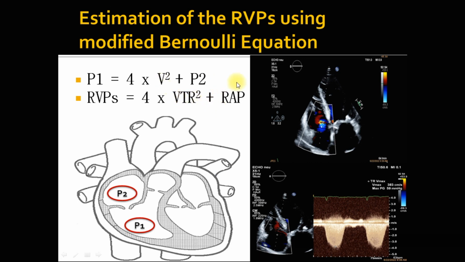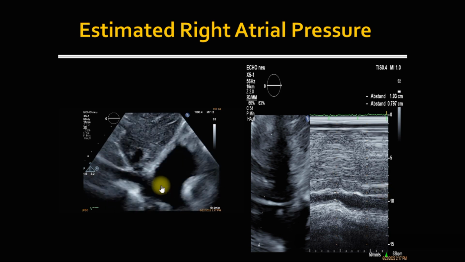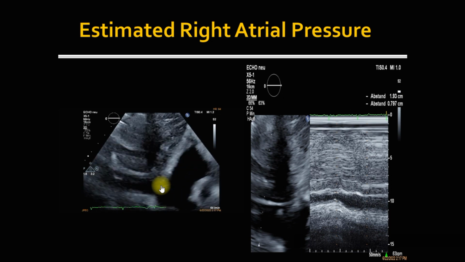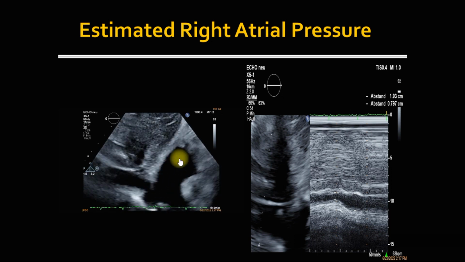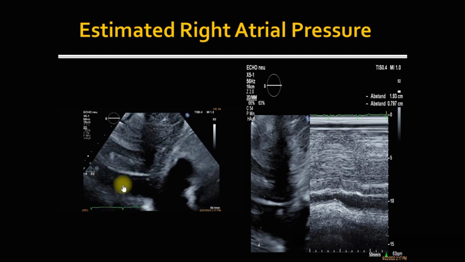But how can we get the right atrial pressure? We can estimate the right atrial pressure from the inferior vena cava. Here is a subcostal view, which shows the inferior vena cava.